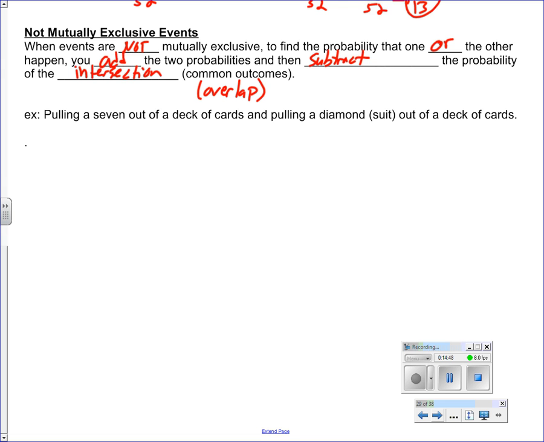There's also a notation you'll see used for that. If you have two events, A and B, we call it probability of A intersect B. This symbol right here is called intersection. What the intersection means is the overlap, or it means both A and B at the same time.